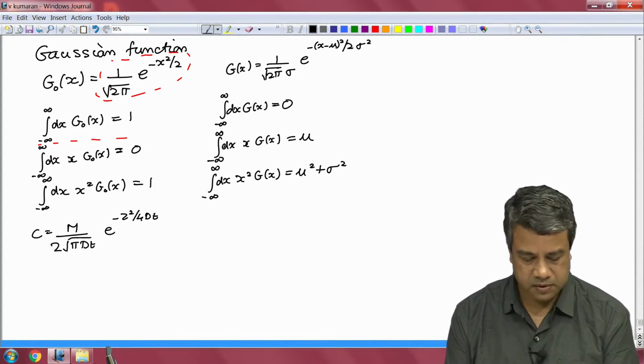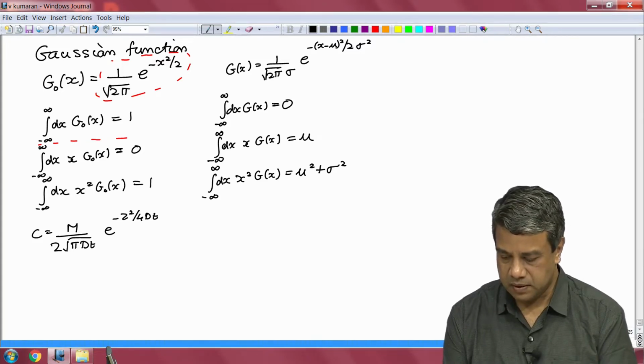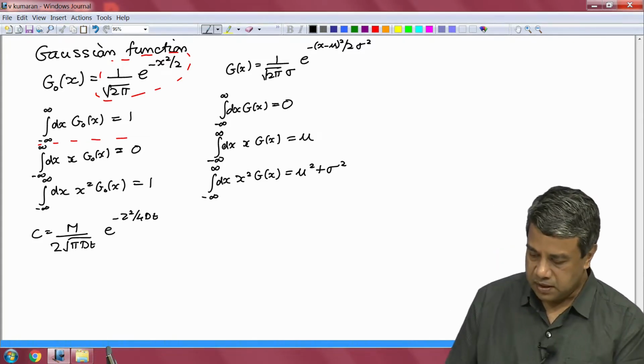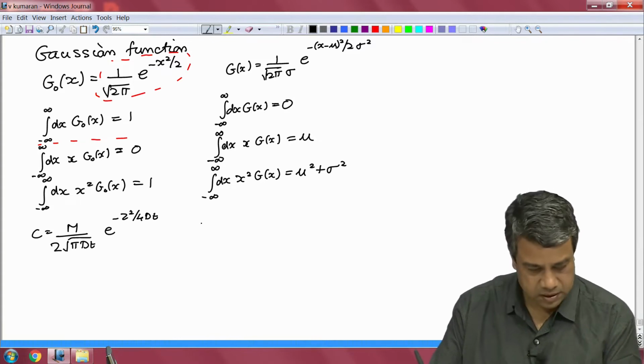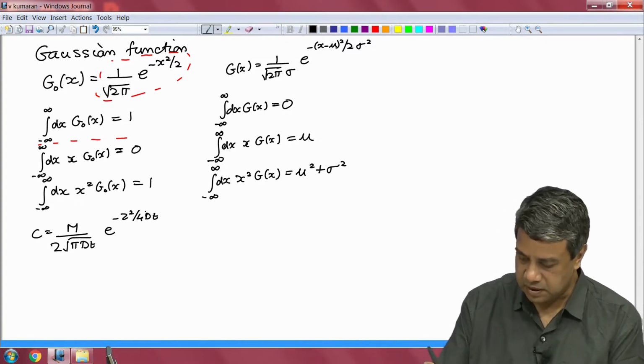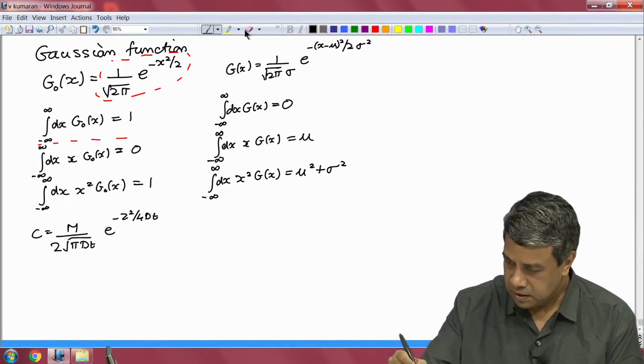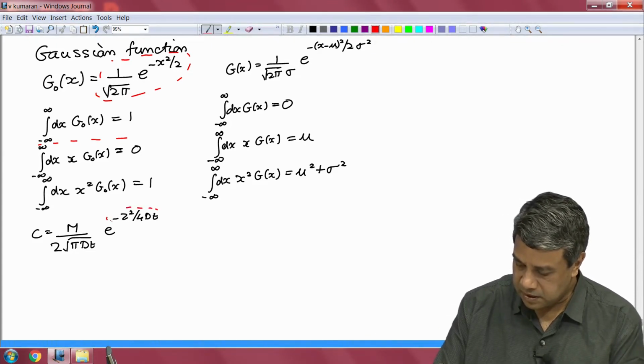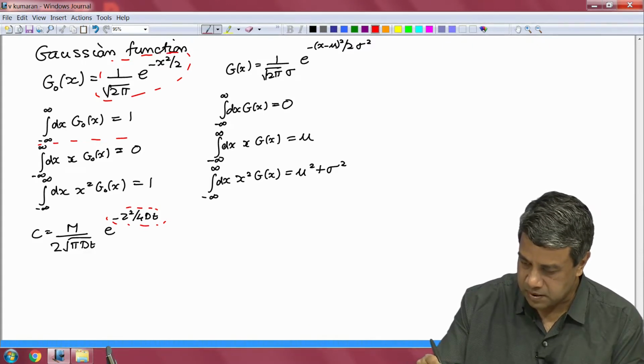That is the general distribution that I have, and to get it to Gaussian form, I have to do a transformation so that the term in the exponent becomes x square by 2.